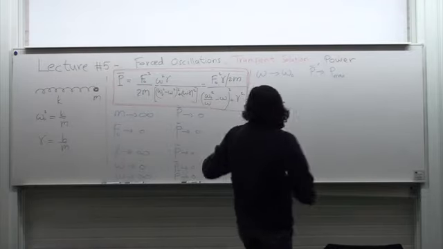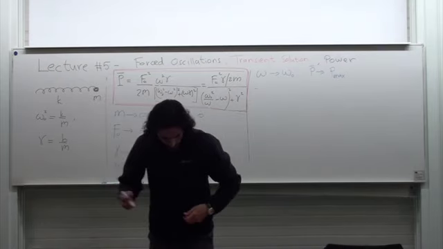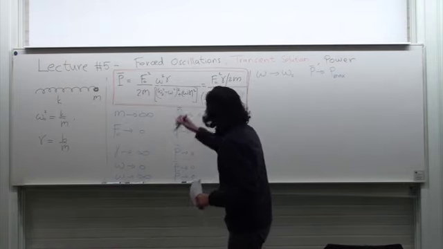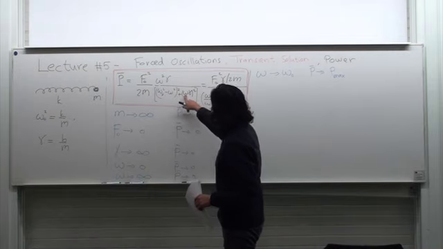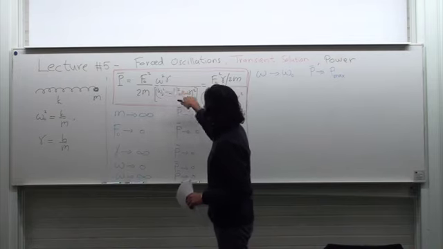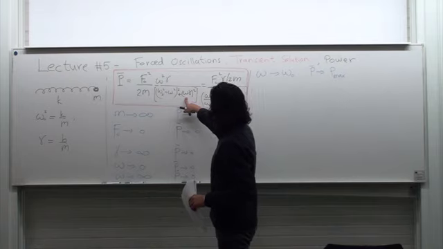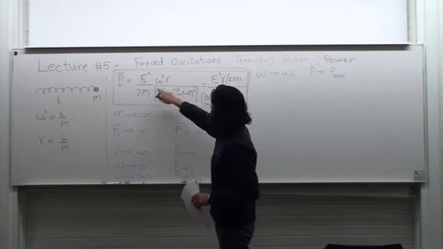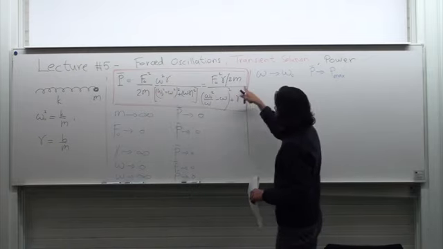And finally, when omega goes to omega 0, if you make the substitution, this would be 0, this would be omega 0 squared, omega 0 squared, it would cancel out, right? And we end up with f0 squared gamma over 2m. We have it here actually.